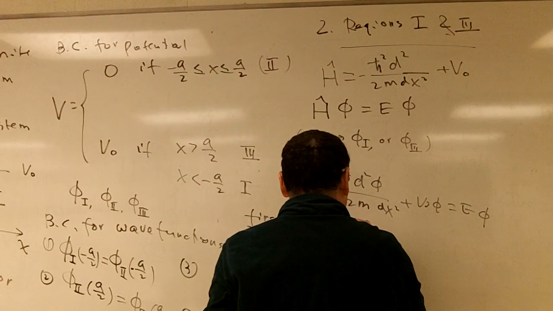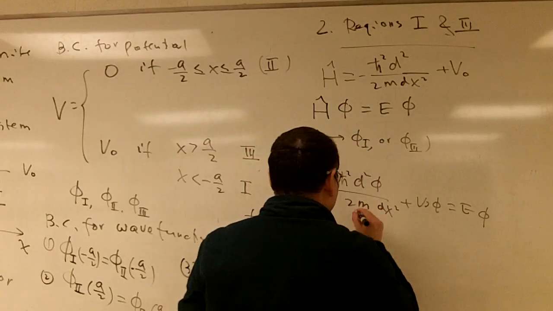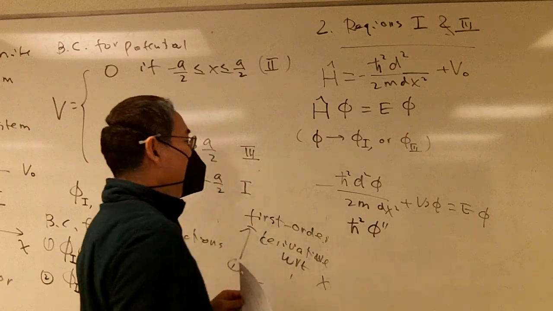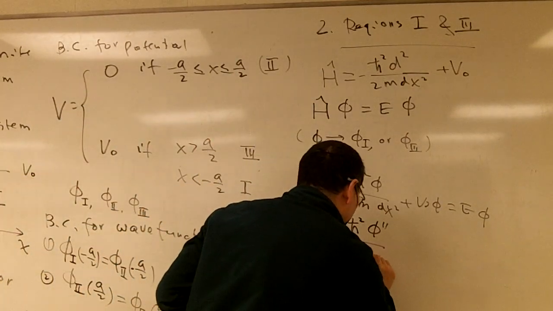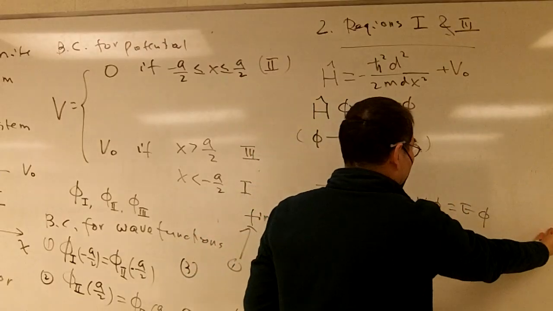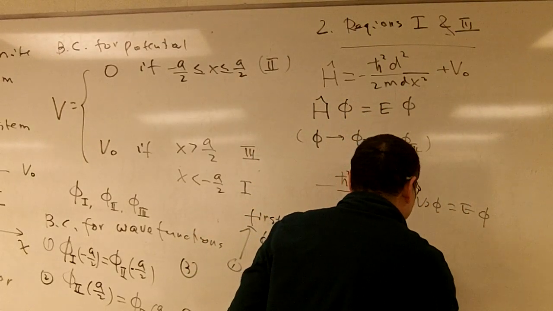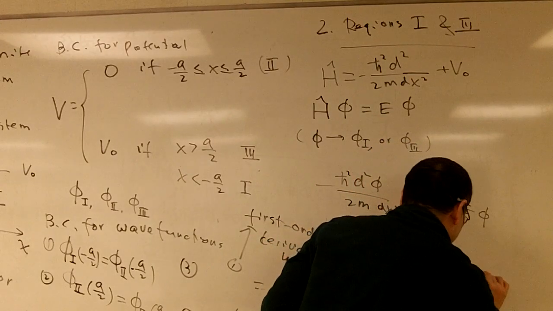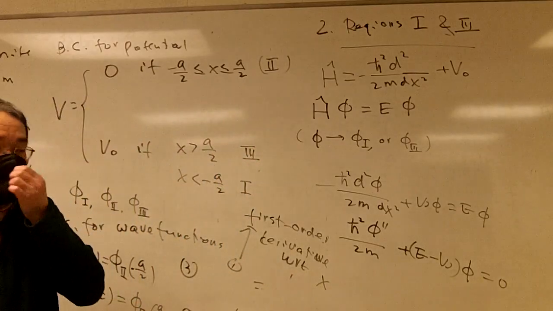I also will use the simpler notation, double primes, to represent the derivative. And this moved to the left-hand side becomes negative. So I will have E minus V0 times phi, like this, equals 0. And that's the equation which we have.